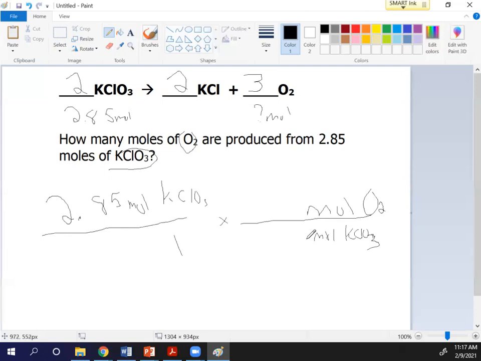So how many moles of KClO3 do I have? 2. How many moles of O2? 3. Moles KClO3 cancel. And now I need to solve this out. Significant figures do matter. The mole ratio does not factor in this. So in general, how many I start with, how many I need to end with. So I need to do 2.85 times 3 divided by 2.